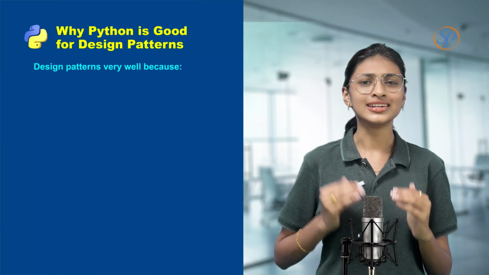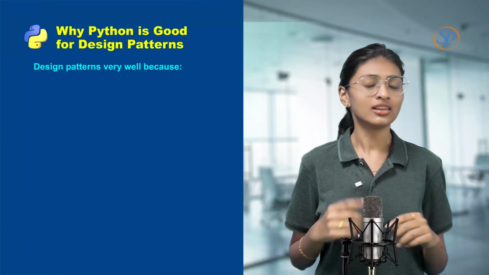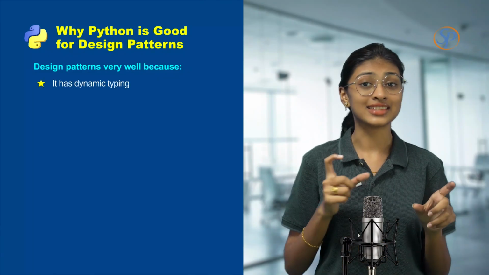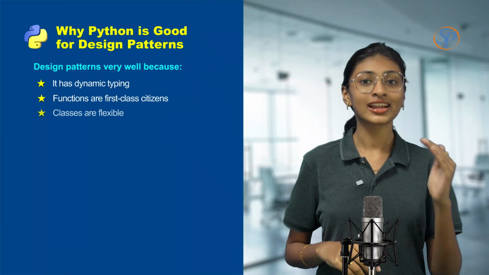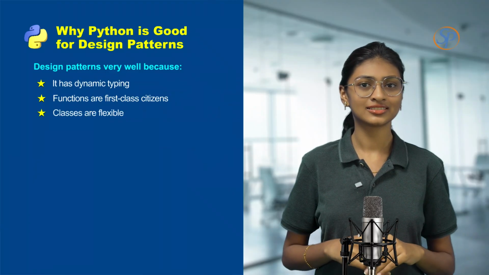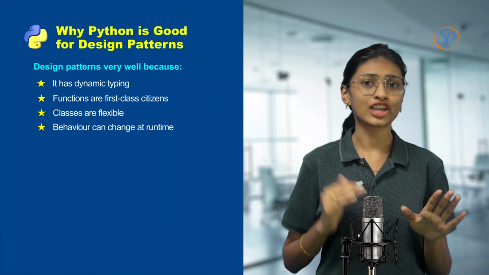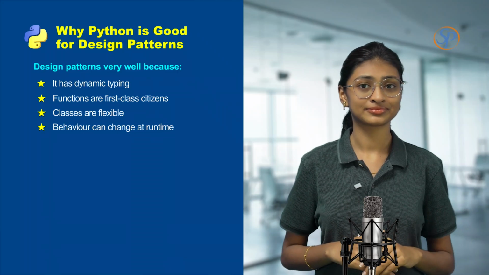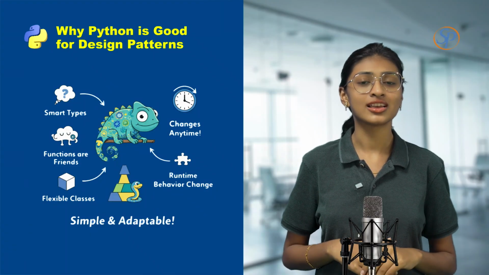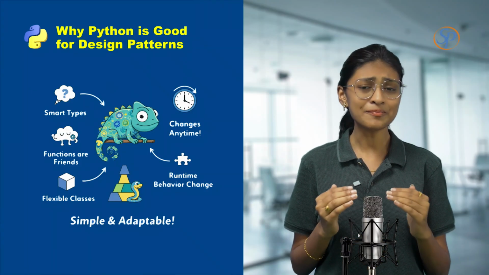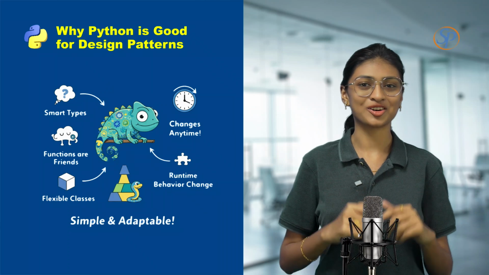Python supports design patterns very well because it has dynamic typing, functions are first-class citizens, classes are flexible, and behavior can change at runtime. Many patterns that feel heavy in languages like Java feel simple and natural in Python.